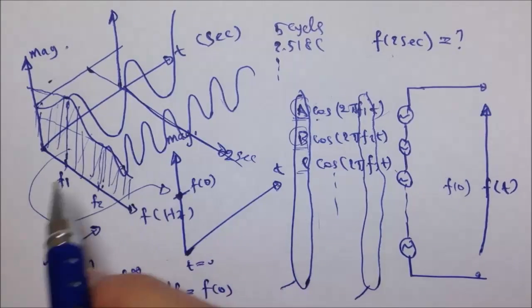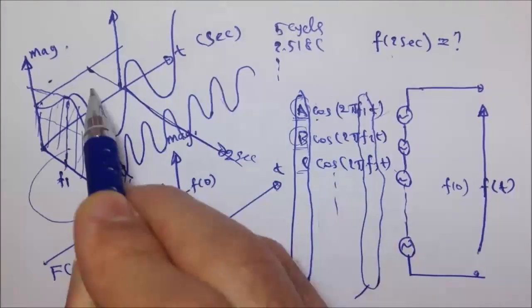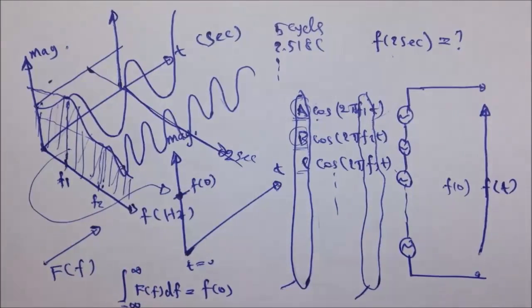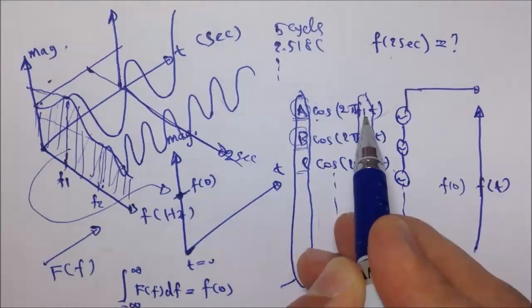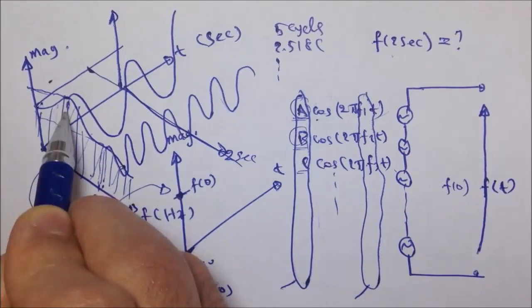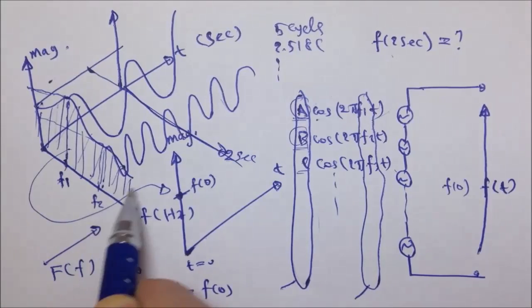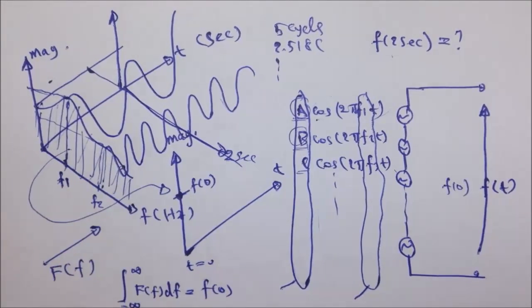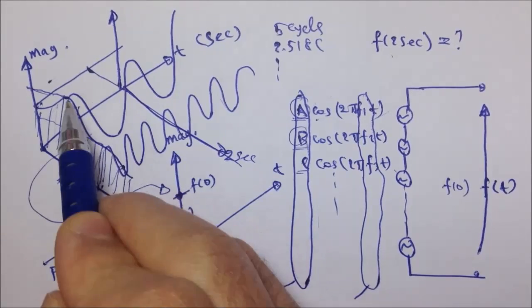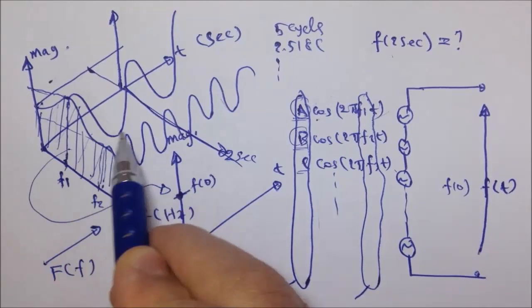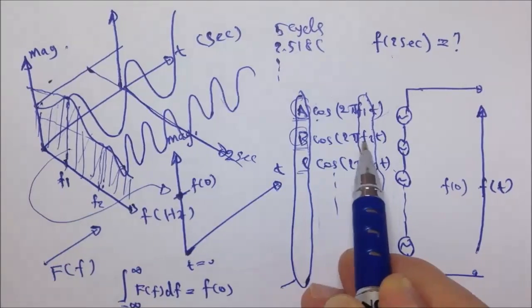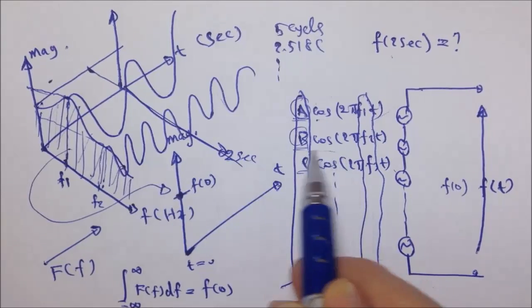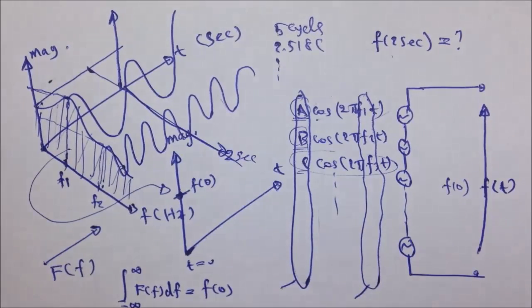Now the good news is that we know the equation of each single curve. To characterize a sinusoid, all you need is a magnitude and a frequency. And we have both of them. We have the frequency of each single one of them, and we have the magnitude of each single one of them as well. So we know that the equation of this curve is b cosine 2 pi f1t, and this one has this equation, and so on.